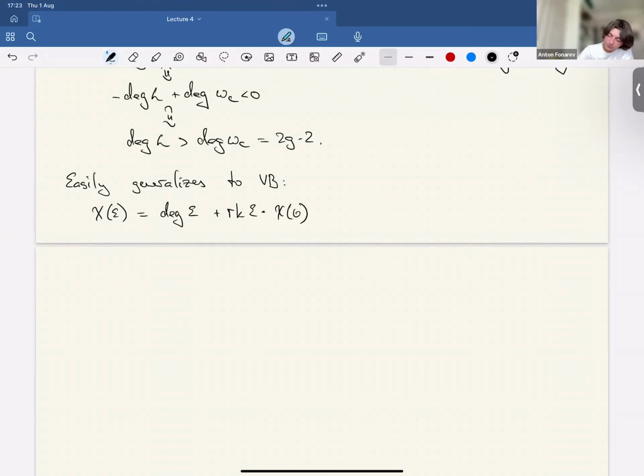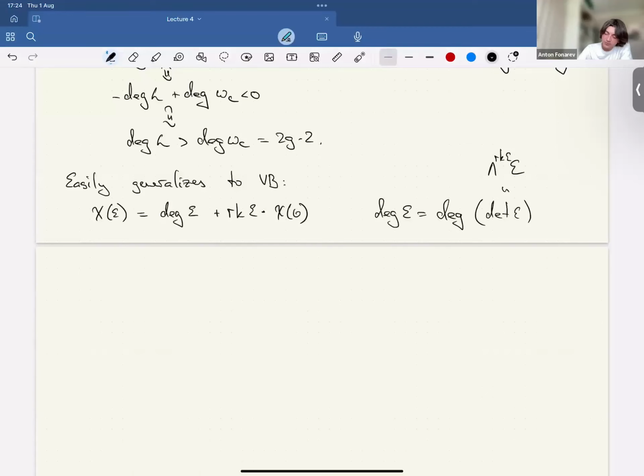Well, first of all, what is the degree of E? The degree of E is just the degree of the line bundle determinant of E, which is the same as the top wedge power of your bundle. Well, rank is rank, of course, say rank 2 or rank 3 or whatever.